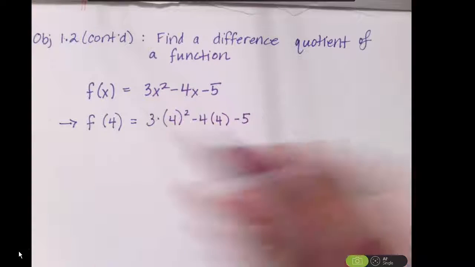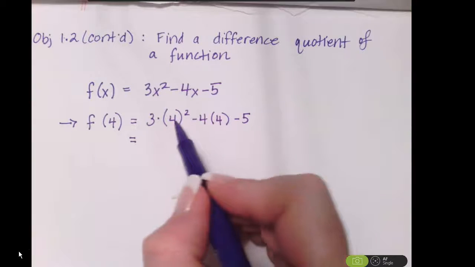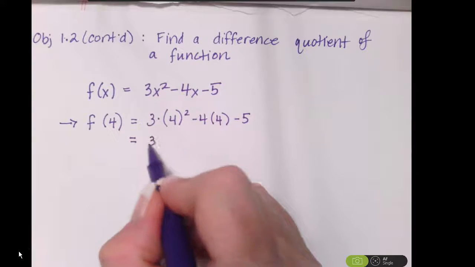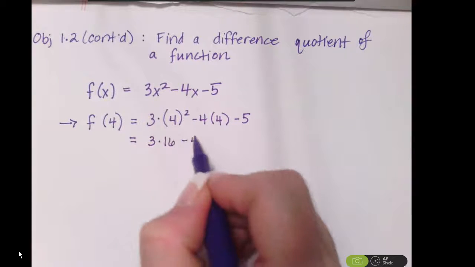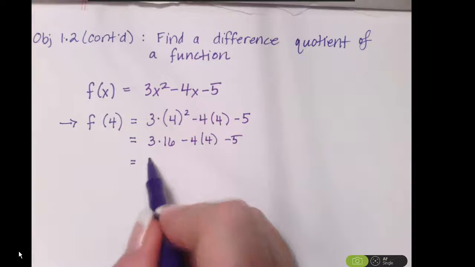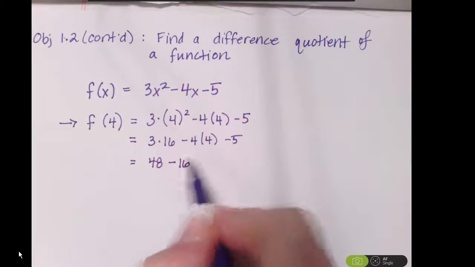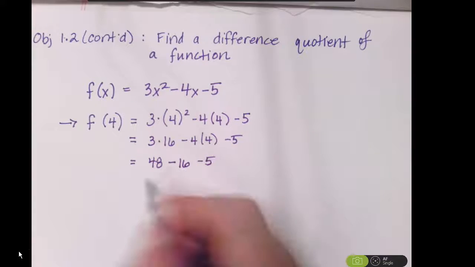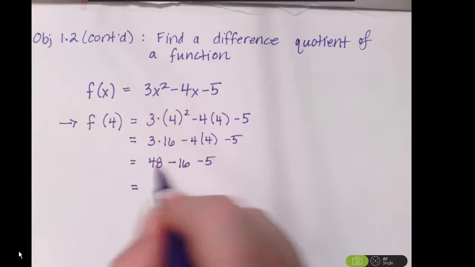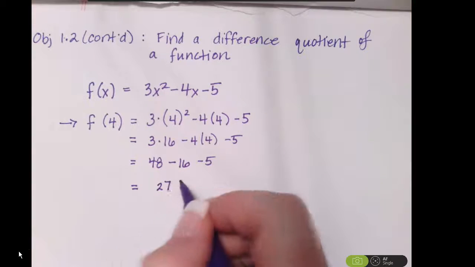And then I would evaluate the function in order of operations order. So being careful to complete exponents first, then multiplication and division, then addition and subtraction. Your calculators can do this, but only if you put it in correctly using the proper parentheses. So 48 minus 16 is 32, minus 5 is 27.